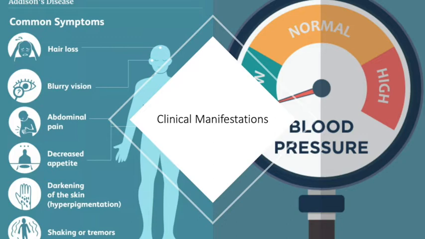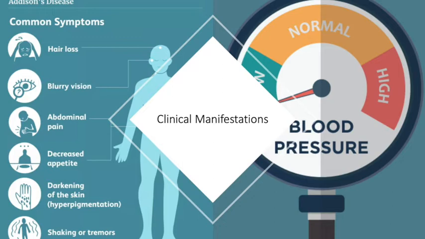Clinical manifestations of Addison's disease are related to the deficiency of cortisol production and aldosterone production. So some of these clinical manifestations include muscle weakness, anorexia, GI symptoms such as abdominal pain, constipation or diarrhea, nausea and vomiting, fatigue, emaciation, dark pigmentation of the mucous membranes and skin.